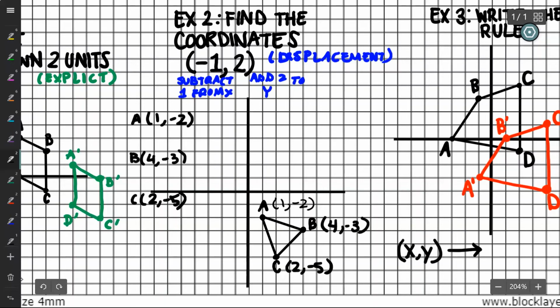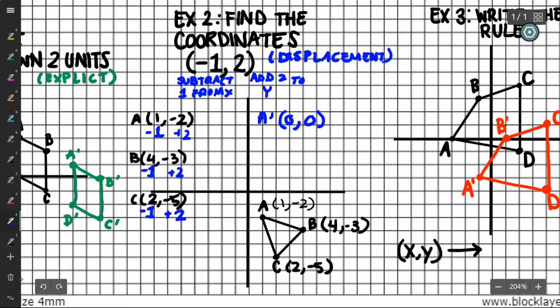So we want to find the new coordinates. So we want to find the coordinates of our A prime, B prime, and C prime. So we're going to subtract 1 from every x, and we're going to add 2 to every y. Alright, so that means that A prime is going to be 1 minus 1 is 0. Negative 2 plus 2 is 0.